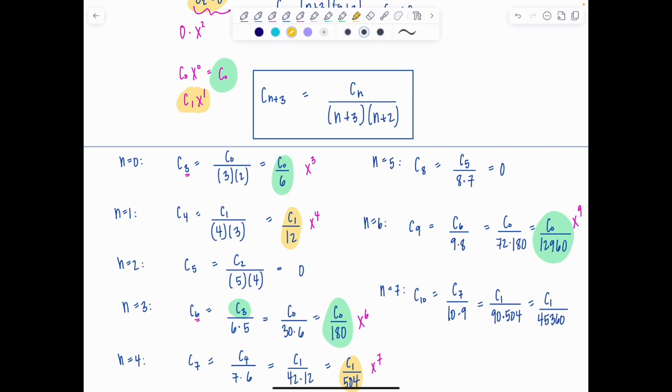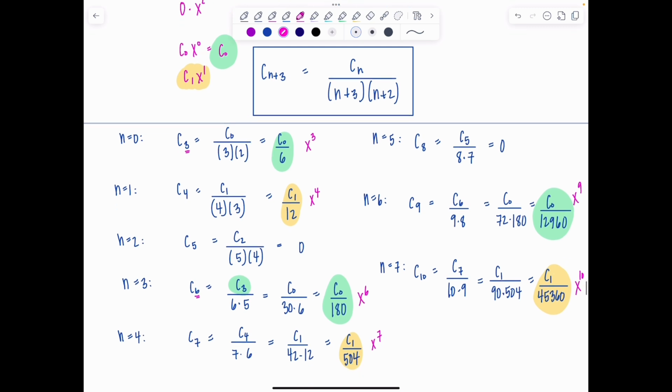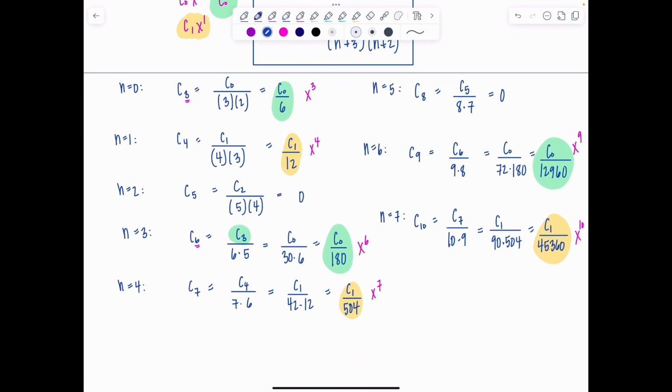Whew. And then that's the coefficient on x to the 10th. Okay. Very good. If you wanted to do a few more, n equals 8. Then you would have C11, and that's C8 over 11 times 10, but C8 was 0. Okay, I think we have plenty, okay? Let me start putting everything together.